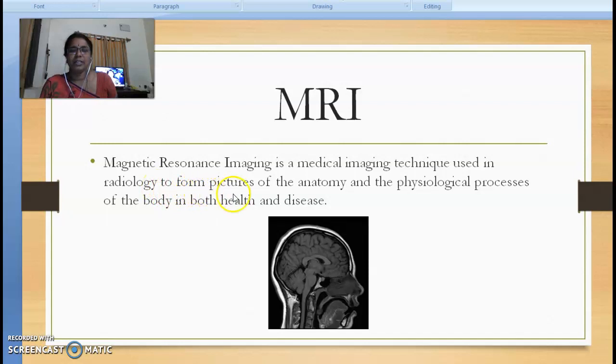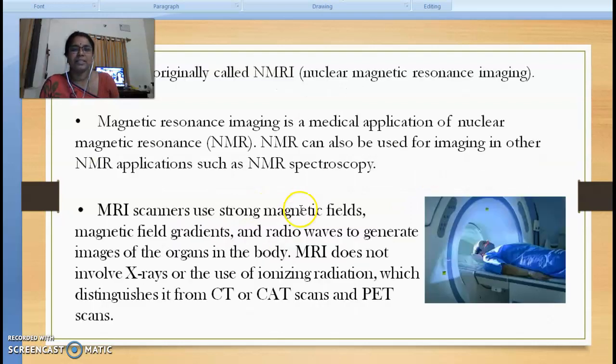Hence, this is radiology, to form pictures of the anatomy and the physiological processes of the body, in both health and disease. The MRI was previously called nuclear magnetic resonance imaging, NMRI.